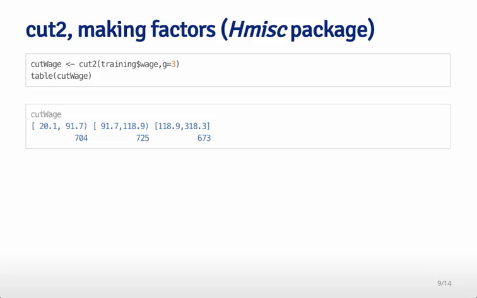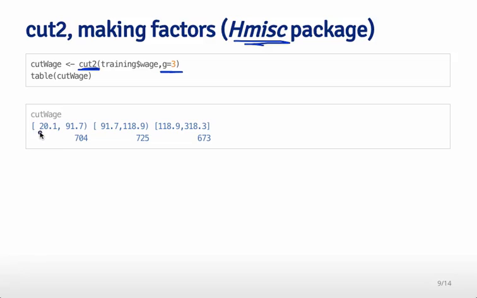The other thing that is often very useful is to break up things like the wage variable into different categories, because sometimes it's clear that specific categories seem to have different relationships. The way I tend to do that is with the cut2 function that's in the Hmisc package. So if you load the Hmisc package and then use cut2, you can tell it with the g parameter how many groups to break the data set into, and it'll break the data set up into factors based on quantile groups.